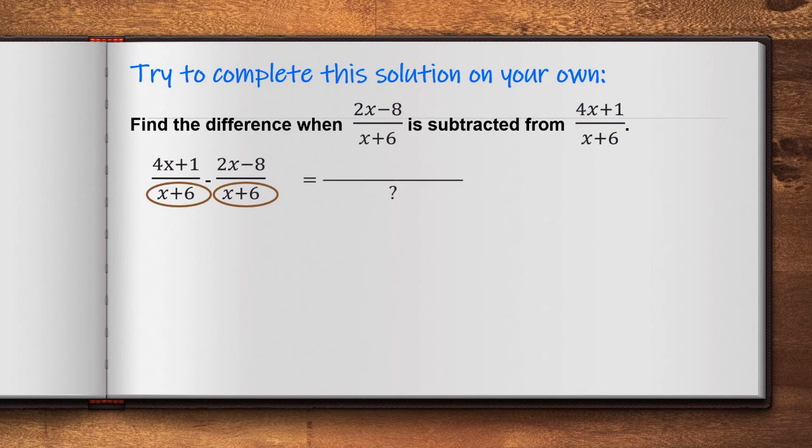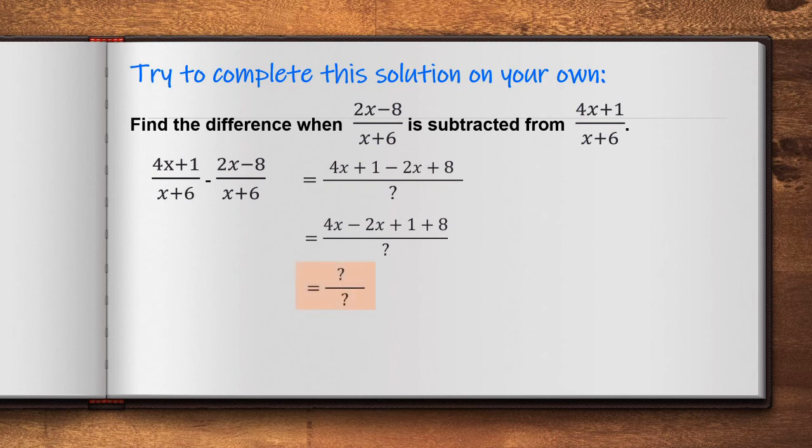The numerator has been written this way for you. How will you further simplify? Like terms have been grouped together. So what is now your final answer? Remember to check if the answer is already in simplest form.